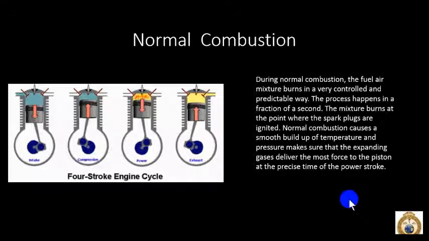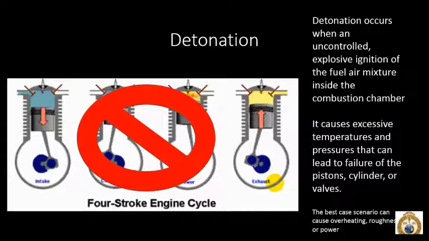The mixture burns from the point where the spark plugs ignite it, and normal combustion causes a smooth buildup in temperature and pressure that makes the expanding gases deliver most of the force to the piston, kicking it back down at the precise time of that power stroke. So this is timed within a fraction of a second. It's got to be dead on.